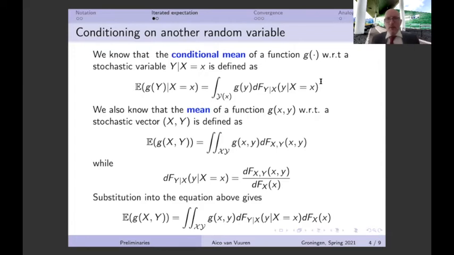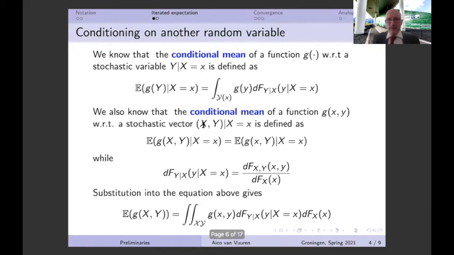Then what we can do is that we can do that for this case, of course, but we can do exactly the same for the multivariate case. Even though this looks even more difficult, you should realize that compared to the previous case, this is actually a little bit simpler.